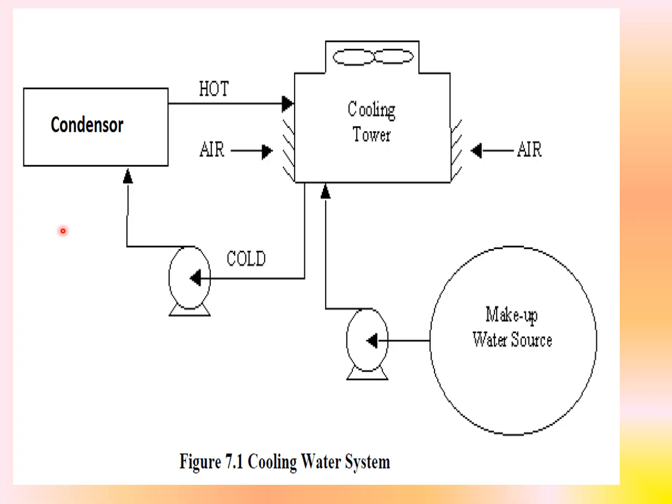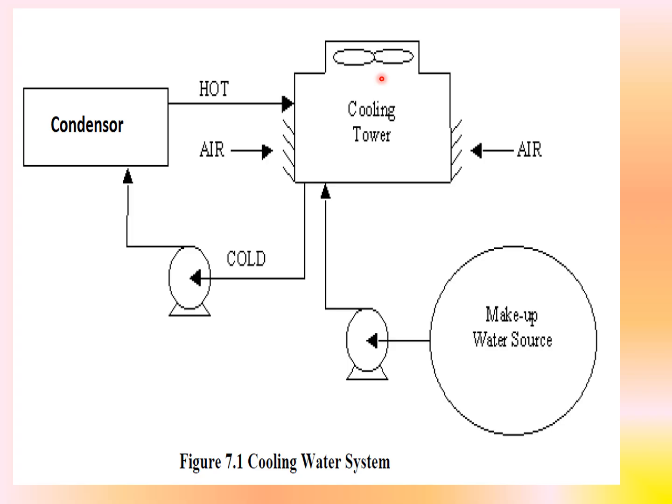Friends, through this schematic diagram, we will be able to understand the theory of cooling tower. This is the cooling tower vessel, and some portion of water in this system is supplied through makeup water source.